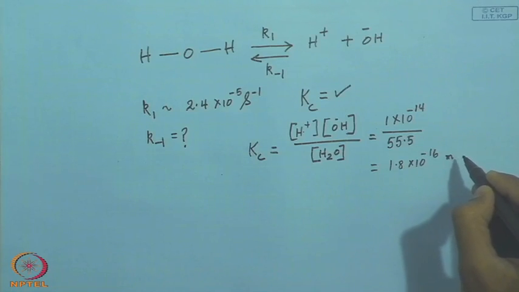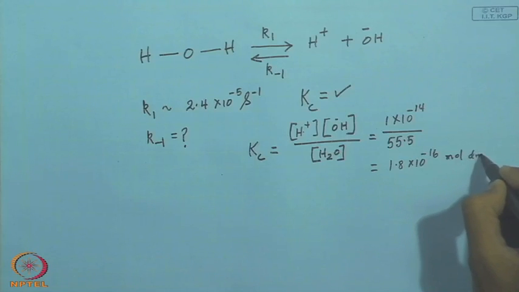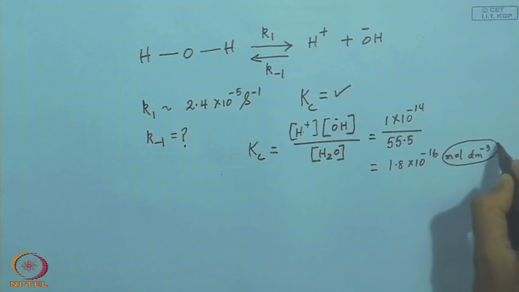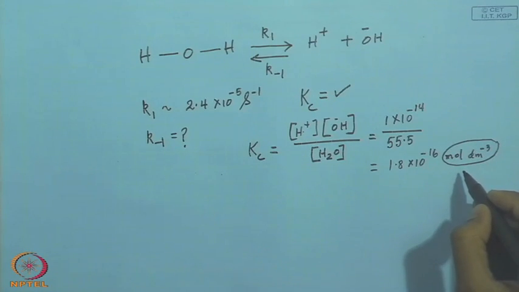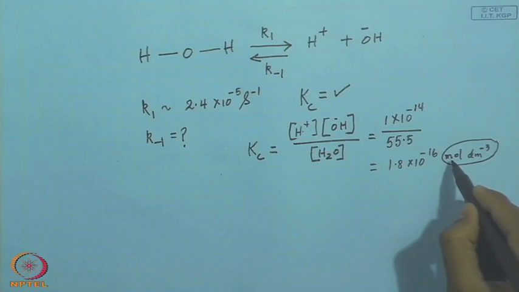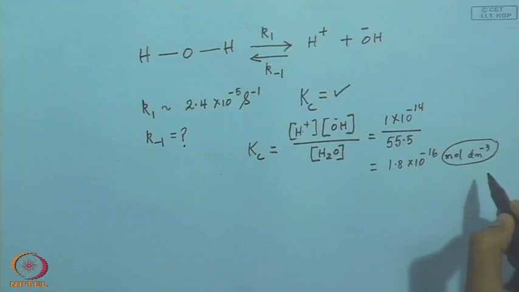An equilibrium constant should not have any unit, but this is just to show that it is expressed in mole dm^−3. It is not the unit of a thermodynamic equilibrium constant, because that does not have any unit, but this is just to remember that it is mole per decimeter cube.